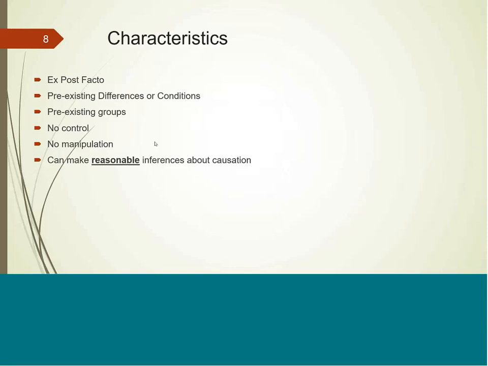Although you may want to say it caused and it looks like it caused, there are so many other variables, you really can't say that that's a cause. And that's why I mentioned the reasonable inferences. It may be reasonable to say so, but there are just too many other things associated with it. You must be very clear when describing your results to make sure that you are discussing the associations and relationships and not causes.